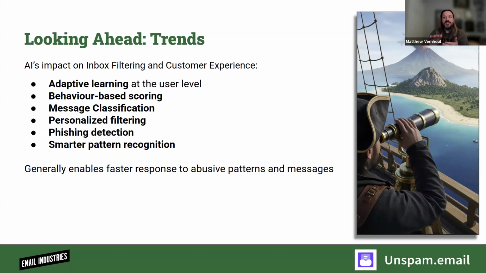I always think about phishing detection, pattern recognition. All of these things are being looked at by AIs and machine learning and LLMs right now. And what they're doing is enabling mailbox providers and anti-spam solutions to react faster to trends and behavior that is driving negative experiences for their consumers.